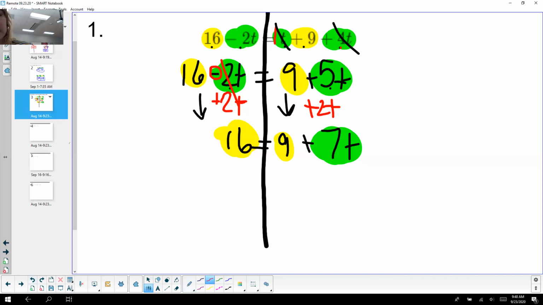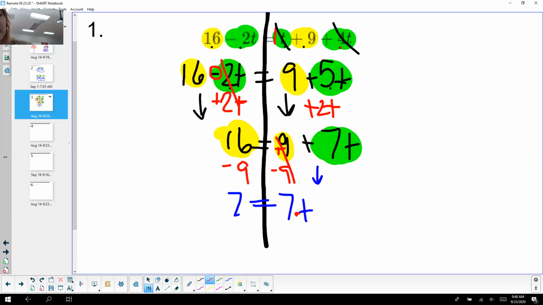So I'm going to move that positive 9 by subtracting it from both sides. And I'm subtracting it because that's really just a positive 9. So 16 minus 9 is going to give me 7. I'm going to bring down 7t. Next, I know that 7t is the same thing as 7 times t.